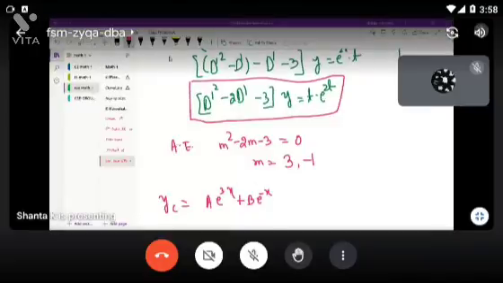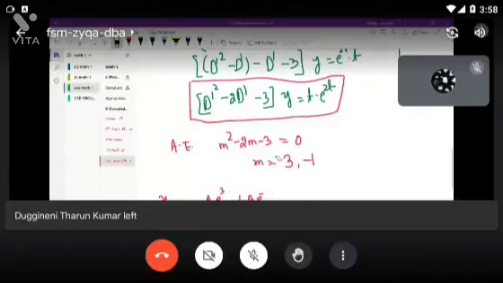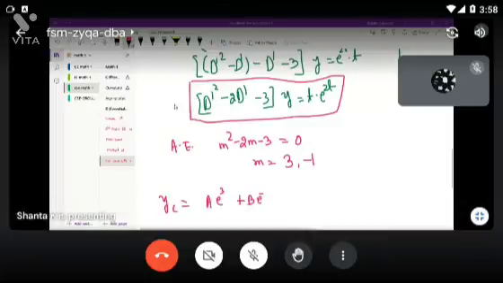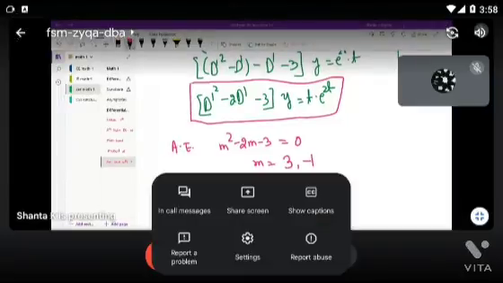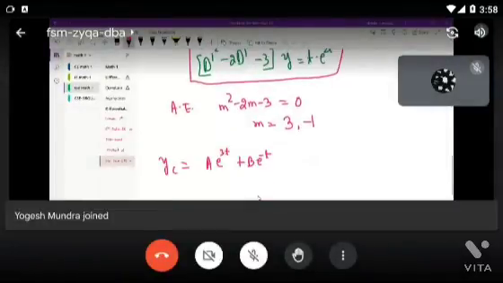Sorry, this is for the t variable. We are solving it for t. Okay, so we have 3t and minus t. Next you can solve it for any form: particular integral, normal form, or the method of variation of parameters also you can use.